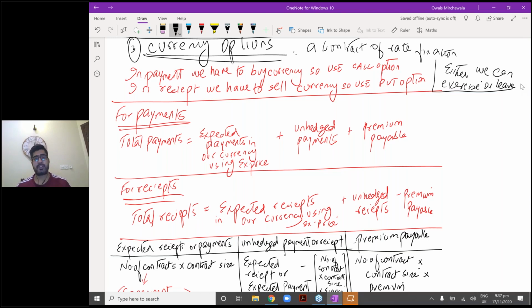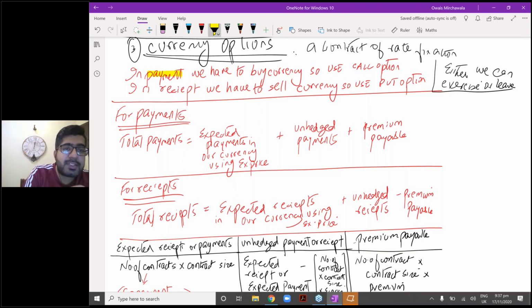But in currency options, you just enter into a contract of rate fixation, and depending on the circumstances, you can exercise it or leave it. If you leave, you just have to pay a premium and leave. You cannot be forced to fulfill your contract, but in a forward exchange contract, there's a legal obligation to fulfill. Now, in currency options, remember one rule. Either you are going to get a payment case or a receipt case, there is no other case.